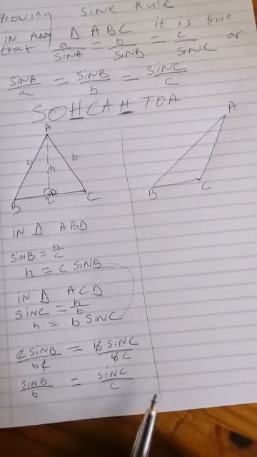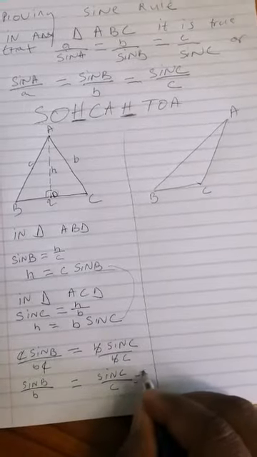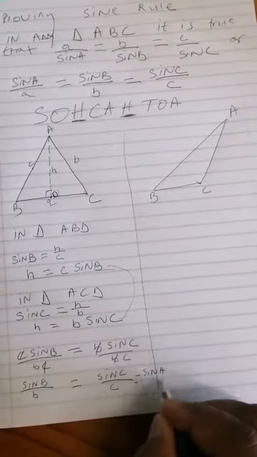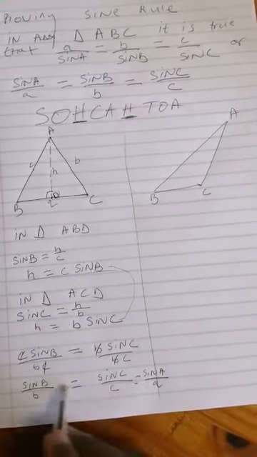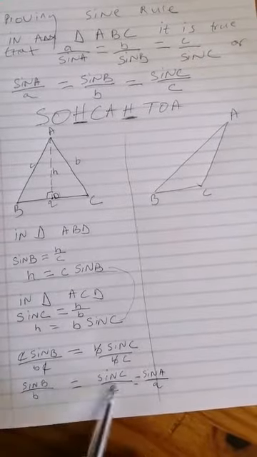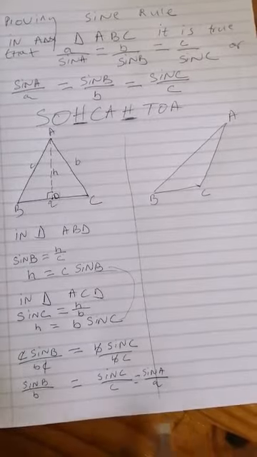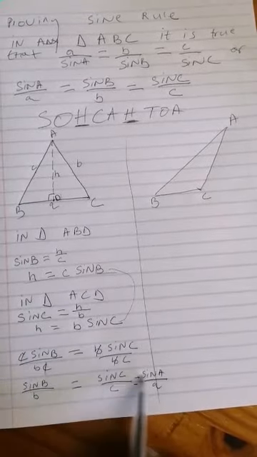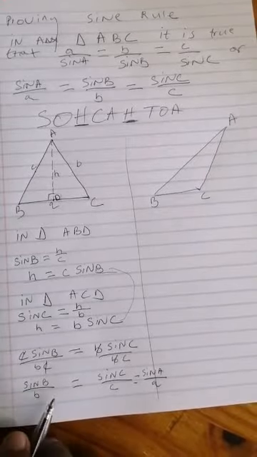Okay. Now it can also be proven that sine A over a is equal to all this, but you do not need to prove all this once you have proven two. Now you can see that we've got the sine of the angles on top, and the sides on the bottom.